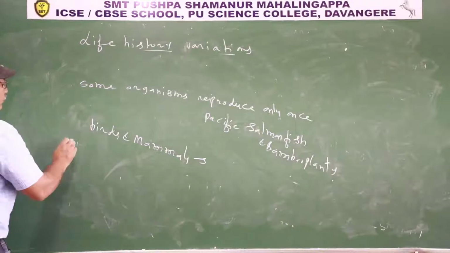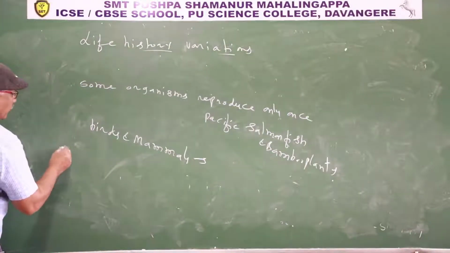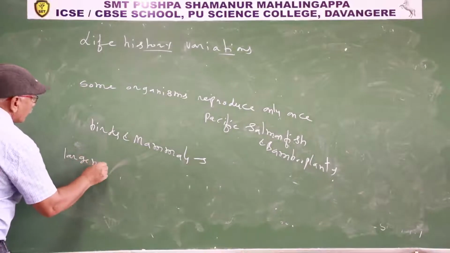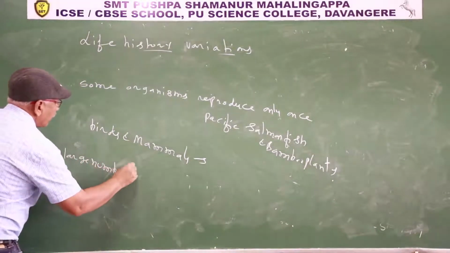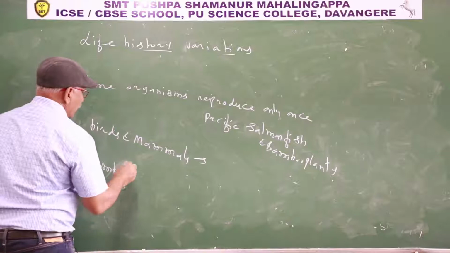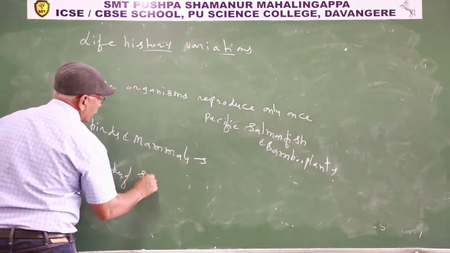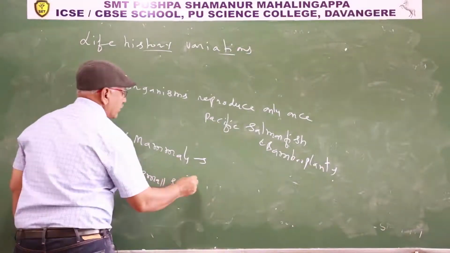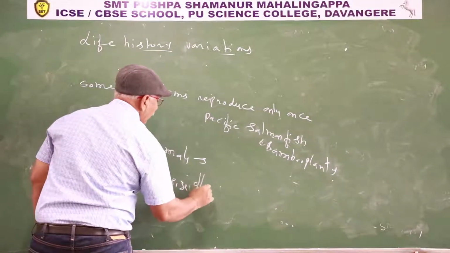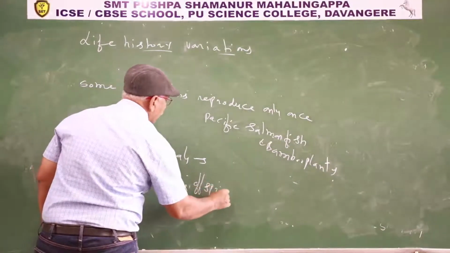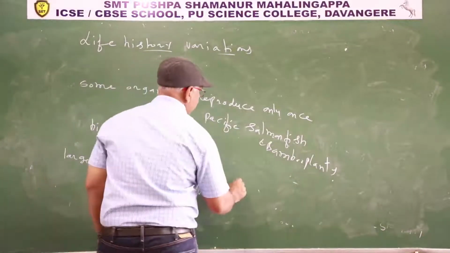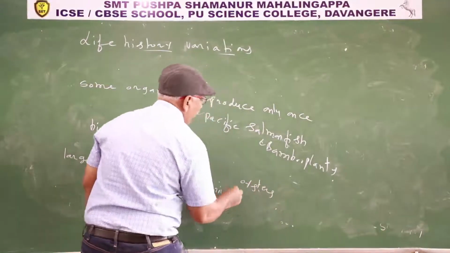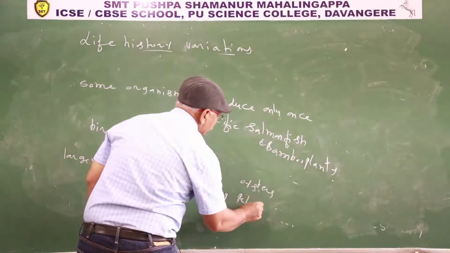Similarly, some animals produce a large number of small size offspring. Example, oysters, pelagic fishes.